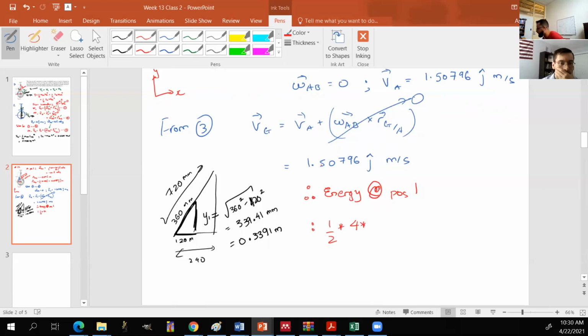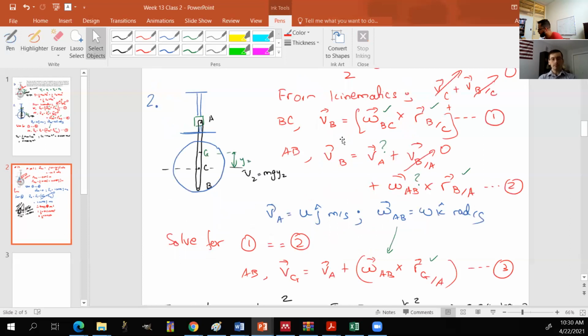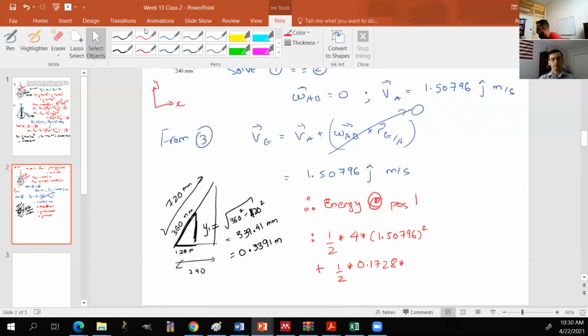We didn't have to convert this into a scalar because it's only one component, so you can just directly write that out: 1.50796 squared. Plus 1/2 times the Ig for this guy, which was 0.1728, times omega AB squared, which is just 0, so this term just goes to 0.